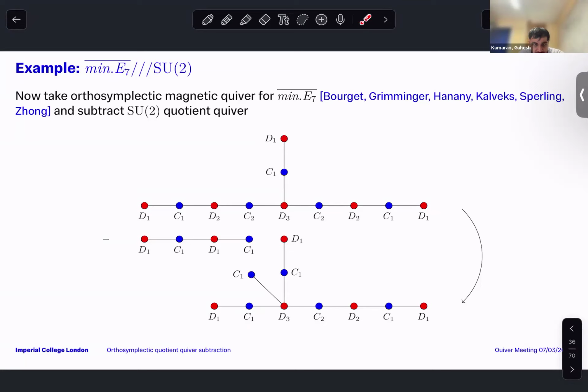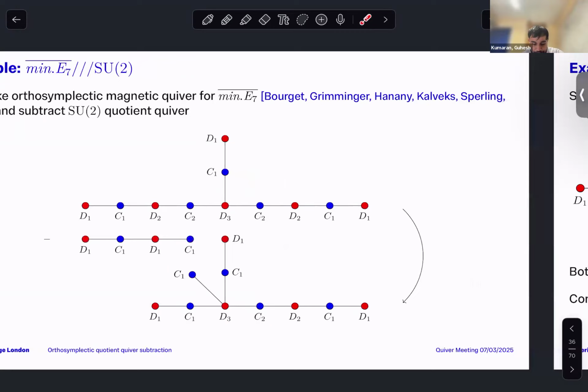So notice that this C2 here was balanced before, and now it has balance +1. That's because it partook in the subtraction algorithm. So I didn't restore the balance of this C1, but I did for this D3 because it didn't participate. Okay, so this is the result I find when I do the subtraction process.